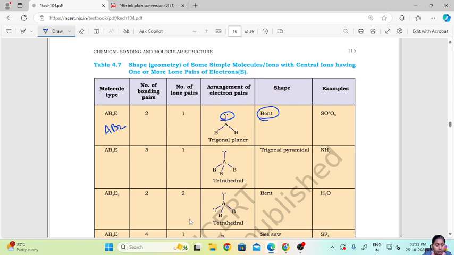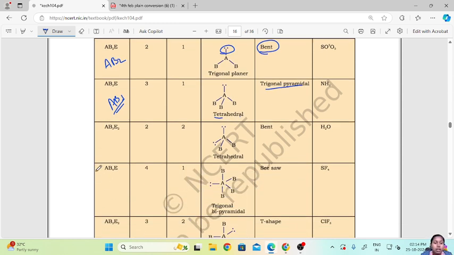Next is AB3E. AB3E means you have an AB3. It will give you a trigonal planar structure without electron pairs or lone pairs. But what if there is a lone pair? When there is a lone pair, it will give you a trigonal pyramidal structure. There will be a triangle and a pyramid formed.